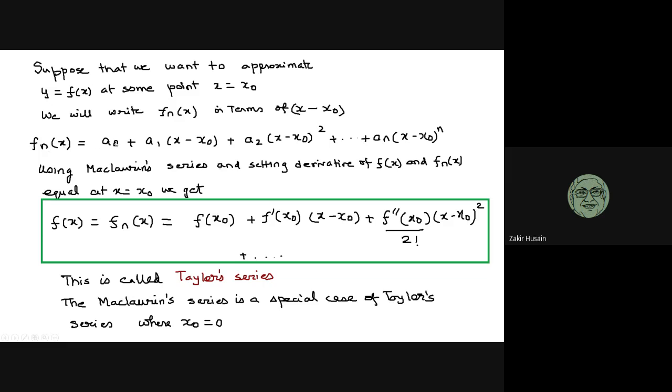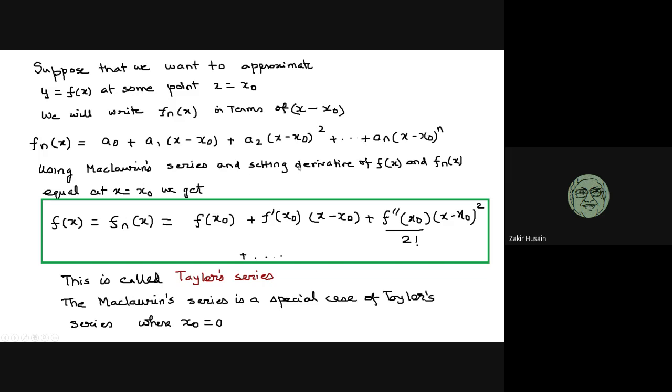So what we had initially written was a0 plus a1 x plus a2 x square. Instead of that, we will write a0 plus a1 (x minus x0), a2 (x minus x0) whole square, and so on, an (x minus x0) to the power of n.